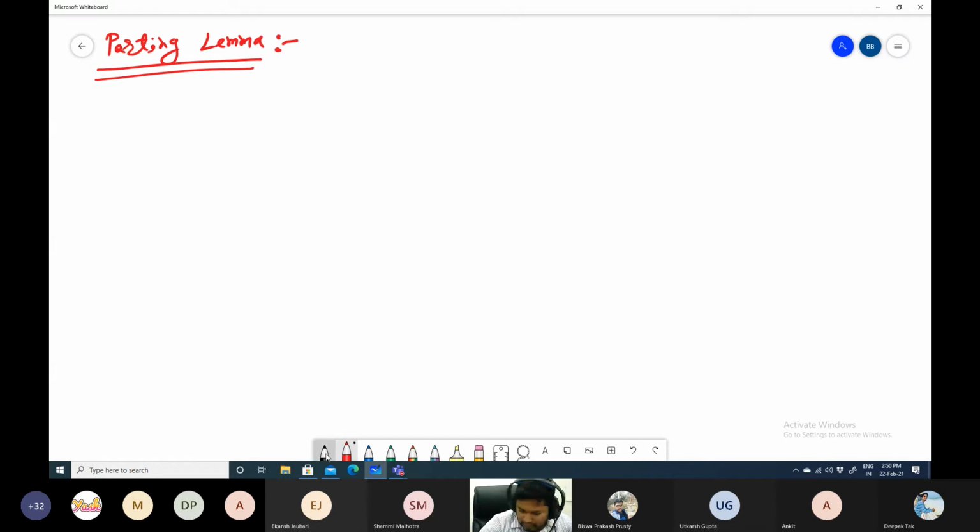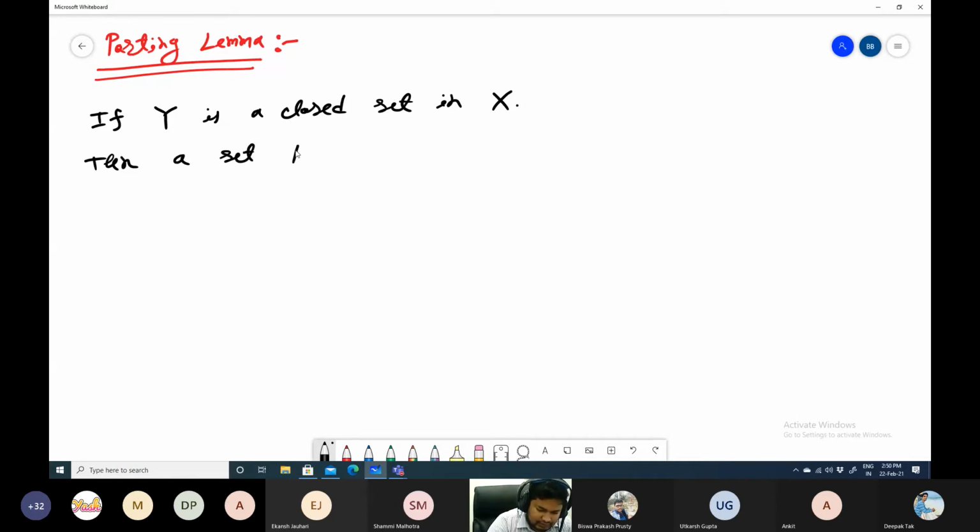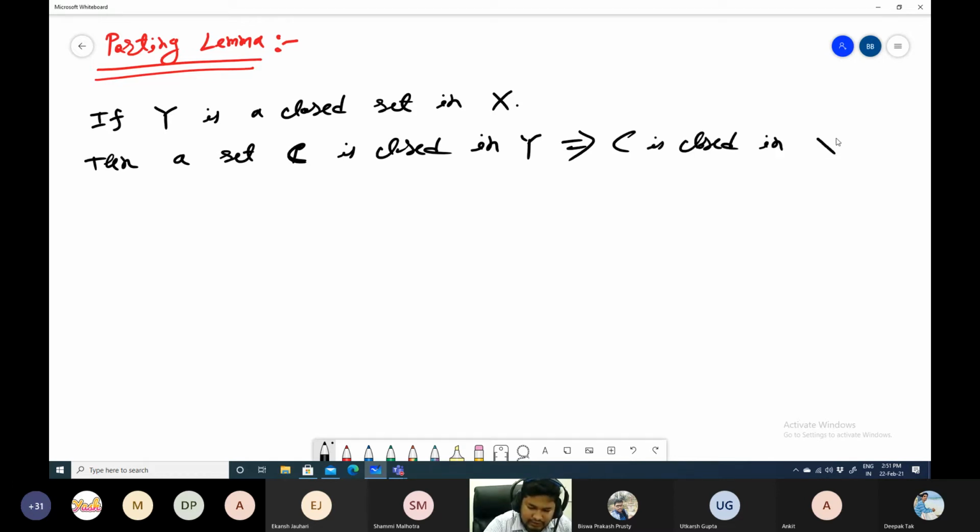Now first of all, I do not remember, did I prove that? So if Y is a closed set in X, suppose this, then a set C closed in Y will imply C is closed in X as well.